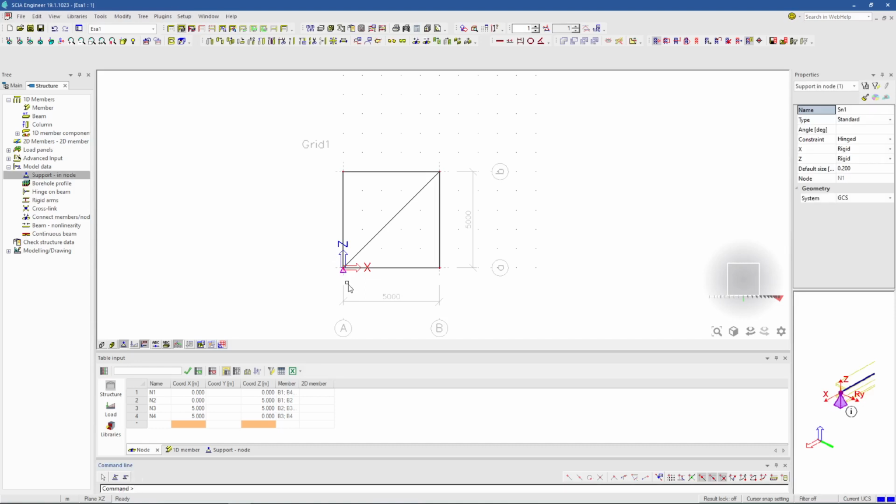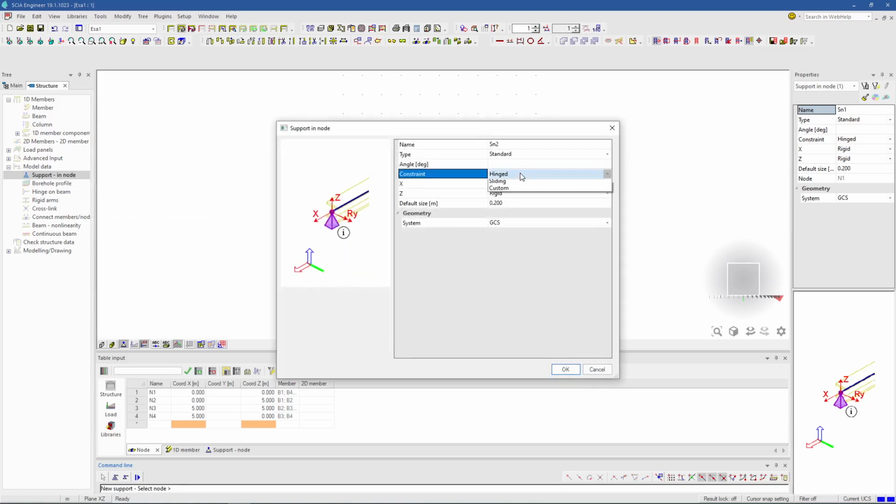is restrained against horizontal and vertical movement, but it's free to rotate. Also add the sliding support, which is then restrained against the vertical movement.